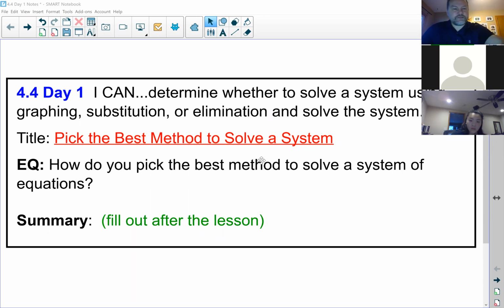To be honest, when you come across these problems, it's not going to say solve this system with this method. So today we're going to look at which method is best when.